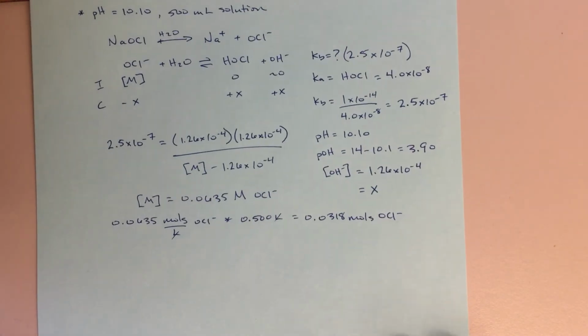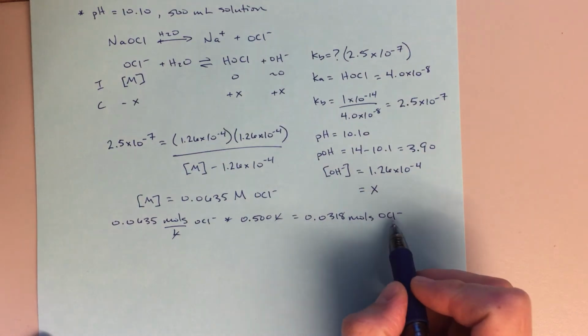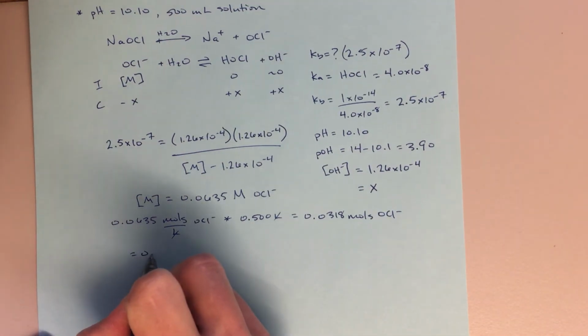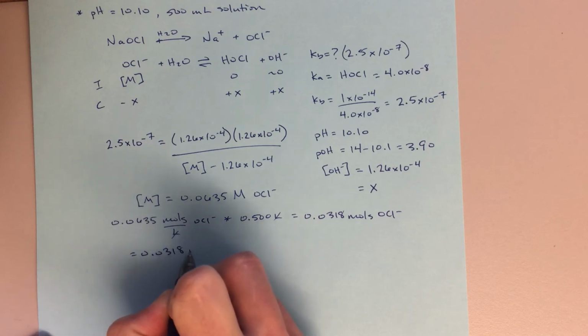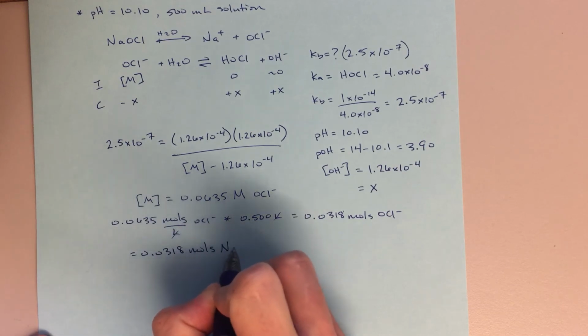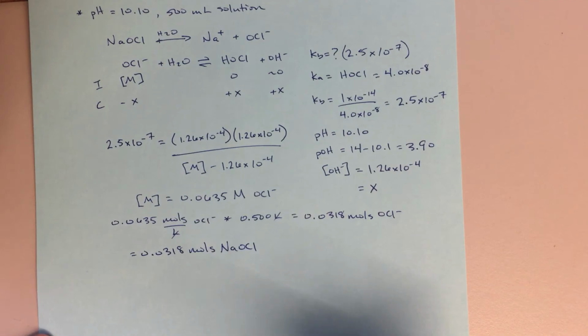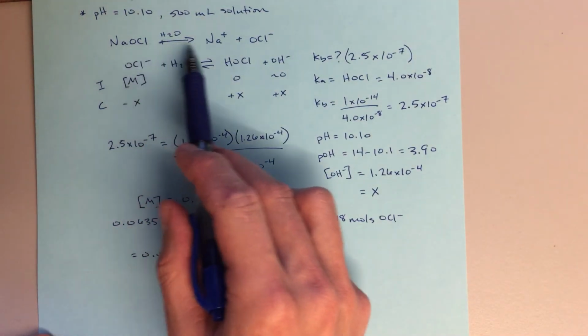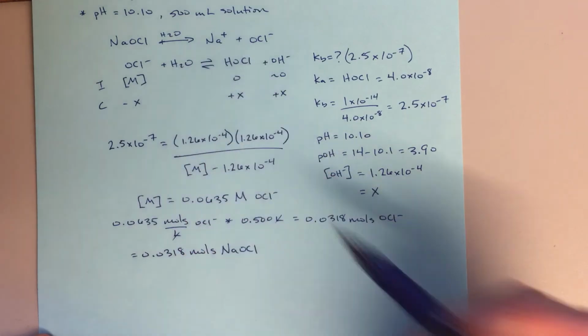All right. So anyhow, to finish off this problem, if this is my number of moles of OCl minus, I know that's going to equal my number of moles of NaOCl, right? It's a 1-to-1 molar ratio. Up here I've got NaOCl dissociates into Na plus and OCl minus.